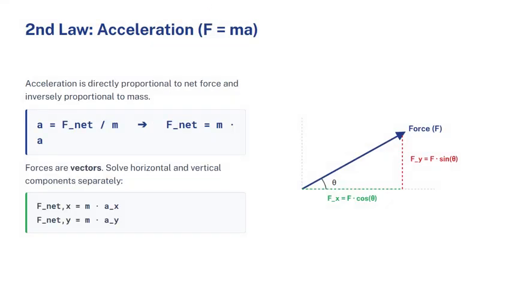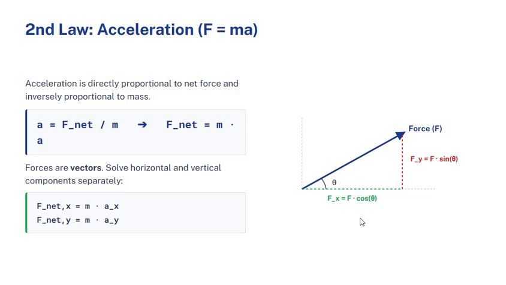Okay, the second law is F equals ma. Acceleration is directly proportional to the force, and inversely proportional to mass. So if you rewrite this equation, you get a equals F net over m, which is F equals ma.